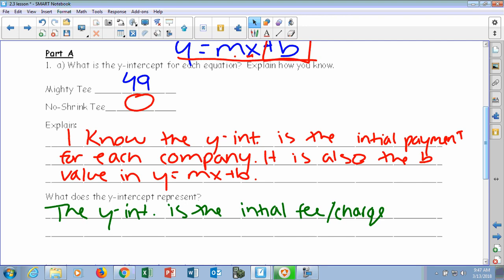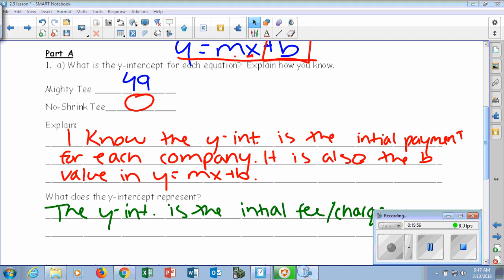In part B, it says what is the coefficient for both of those equations that we created above? Our C equals n plus 49 and our C equals 4.5n. Mighty T and the no shrink T. I'll give you 1 minute with your shoulder partners to determine what the coefficients are for both of them, and you can go on to try to explain below it if you'd like.